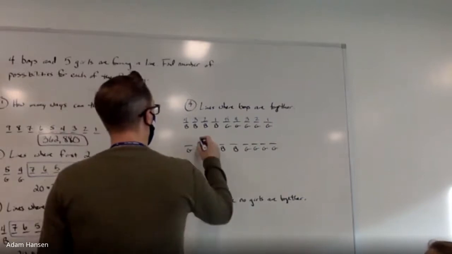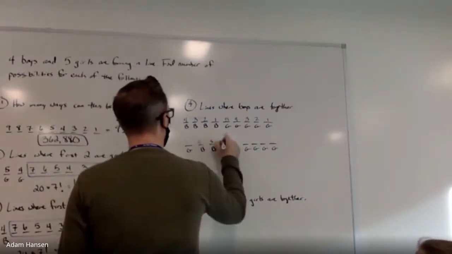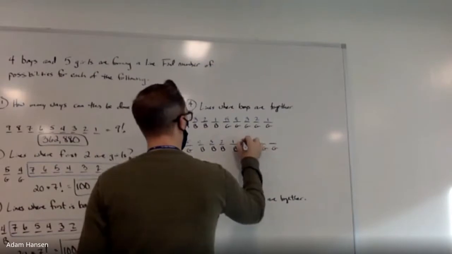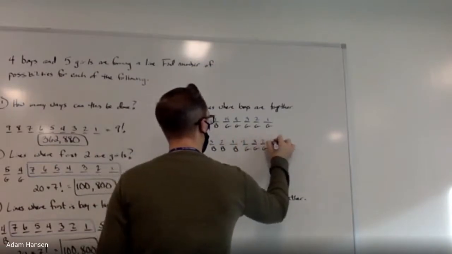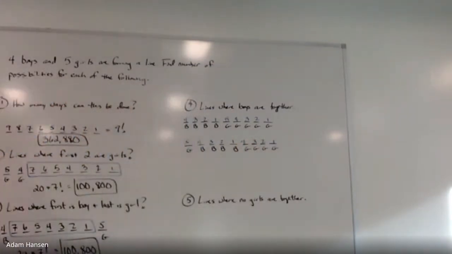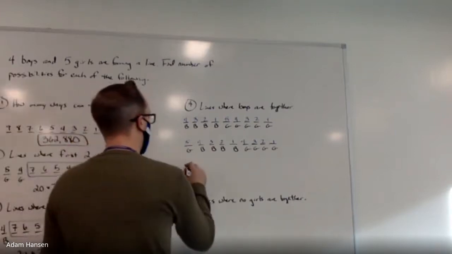There were 4, 3, 2, 1, and then 5, 4, 3, 2. How many different lines are going to be possible if I just keep sliding the boys from front to back?